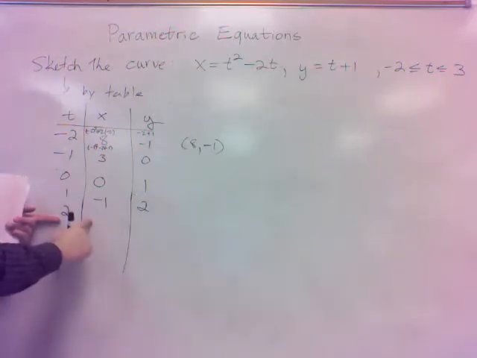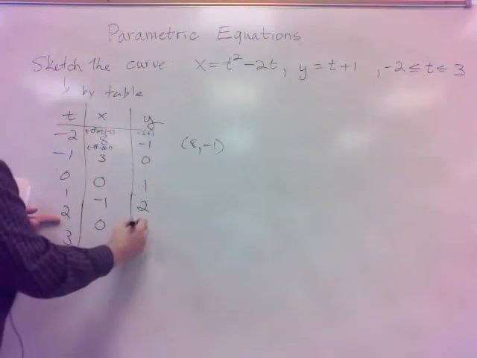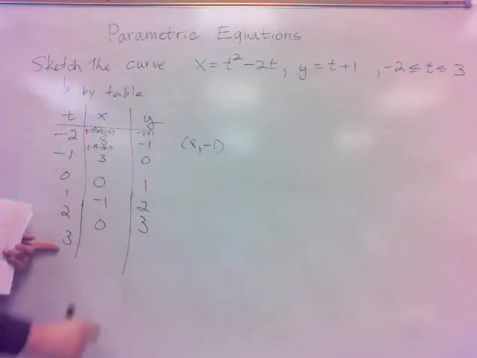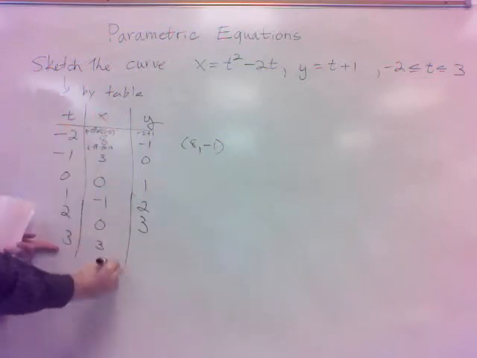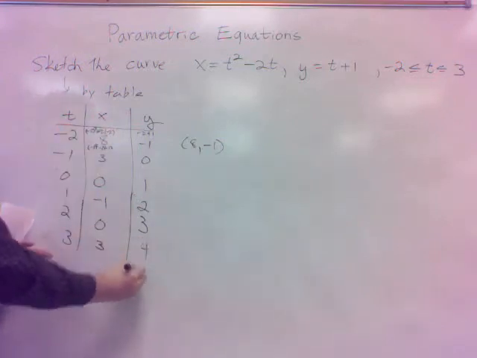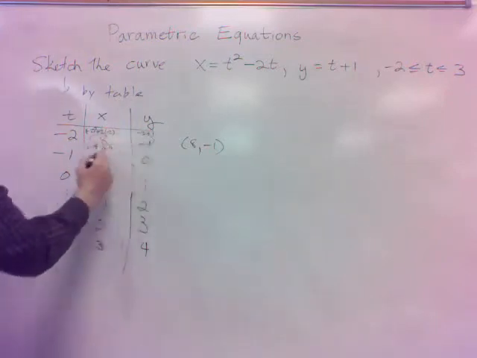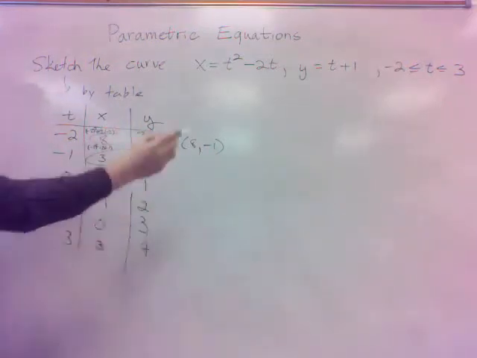When t is 2, we get 4 minus 4, that's 0, and 2 plus 1 is 3. And when t is 3, we get 9 minus 6, that'd be 3, and 3 plus 1 is 4. Did I do those right? (8, -1), (3, 0), (0, 1), (-1, 2), (0, 3), and (3, 4). All right, so we're just going to plug those in on the graph.